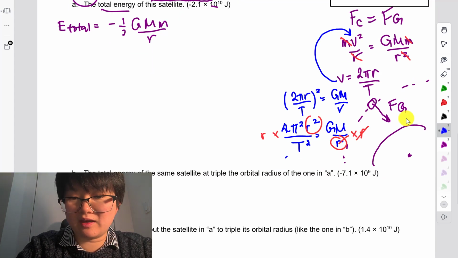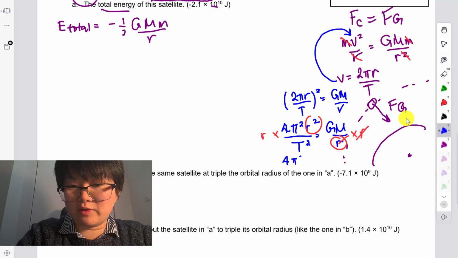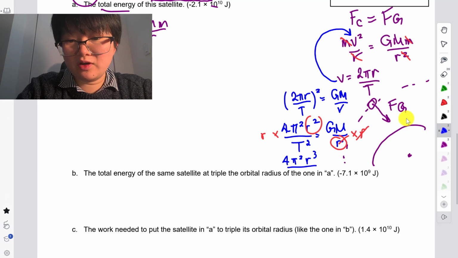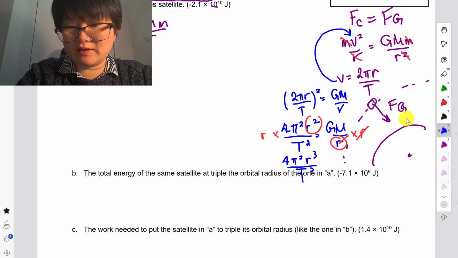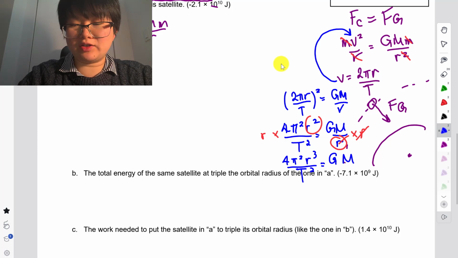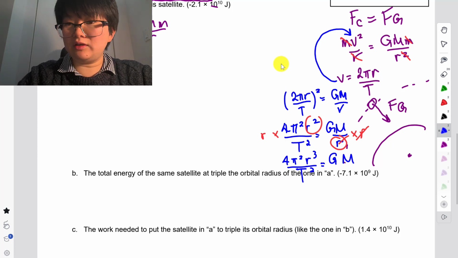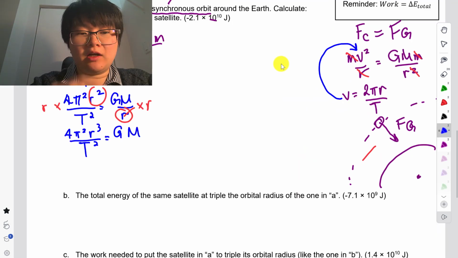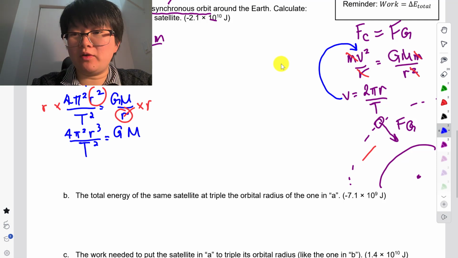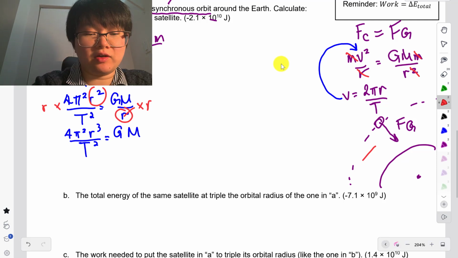Running out of space. 4 pi squared, now not R squared but R cubed, over period squared, equals big G and big M. What we can do is rearrange this. What we want here is the orbital radius. To solve for the orbital radius, we'll have to rearrange this equation and move a couple things to the other side.